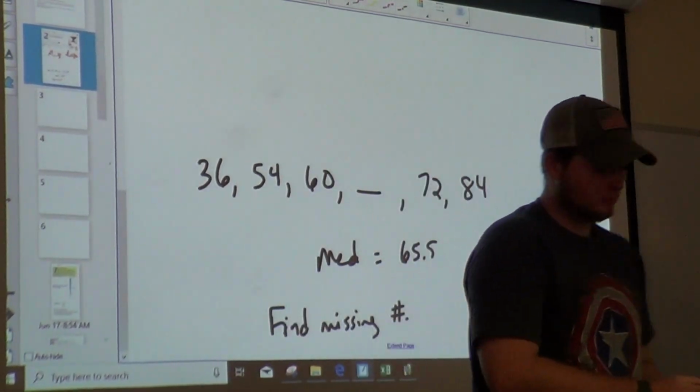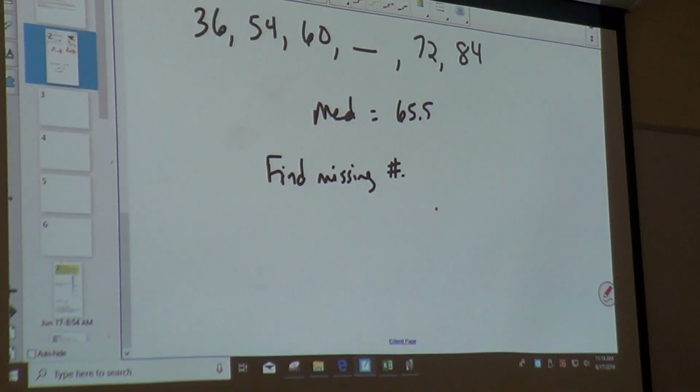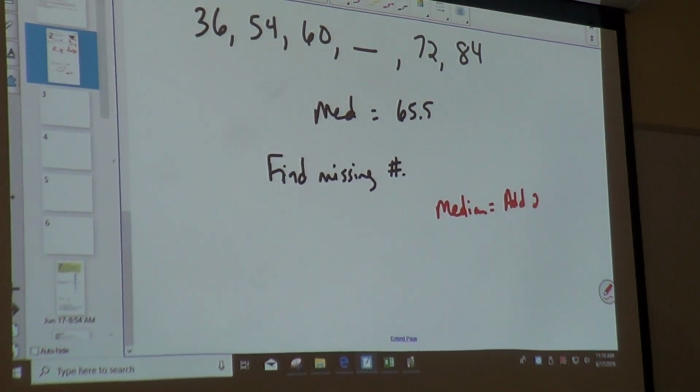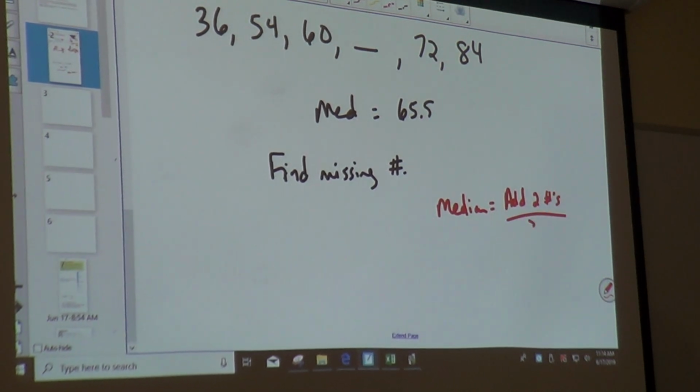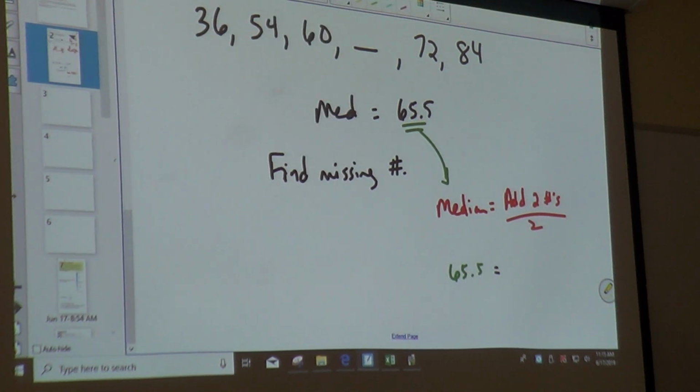So we are working backwards for this problem. So we know that the median is when you add the 2 numbers and cut it in half. Well, we know what the median is. The median is 65.5. My 2 middle numbers are right there.